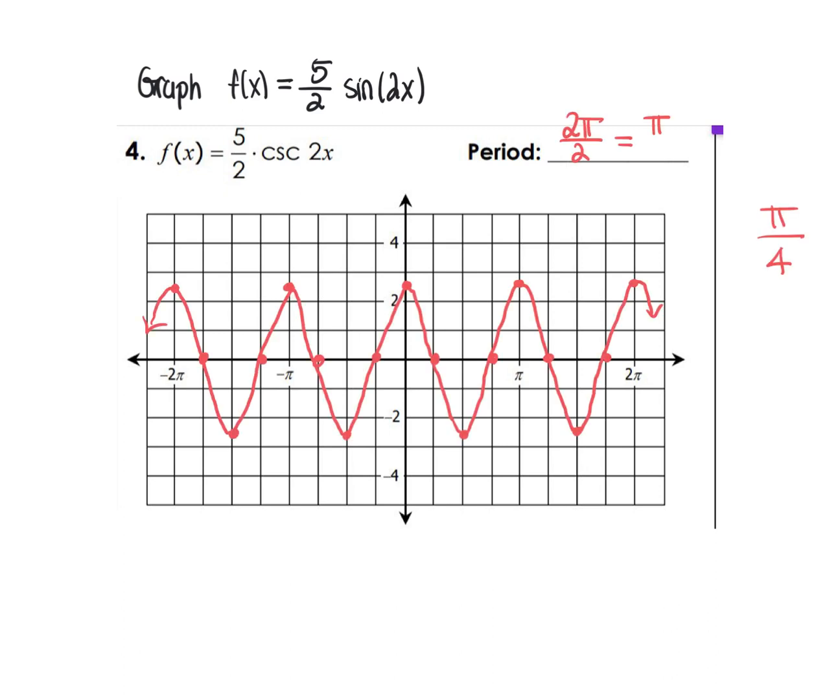All right, now I have my sine graph, so I'm going to go ahead and add my vertical asymptotes again. Okay, so we have our vertical asymptotes, and then we can go ahead and draw the rest of our graph.